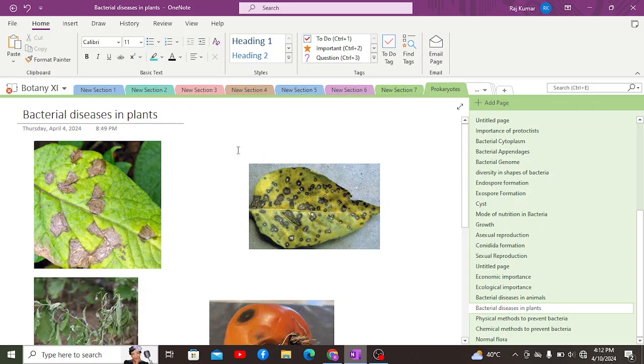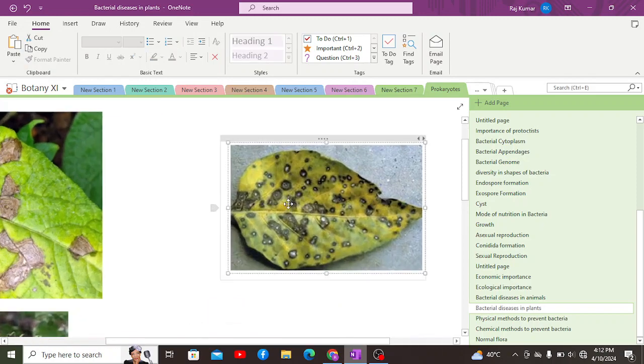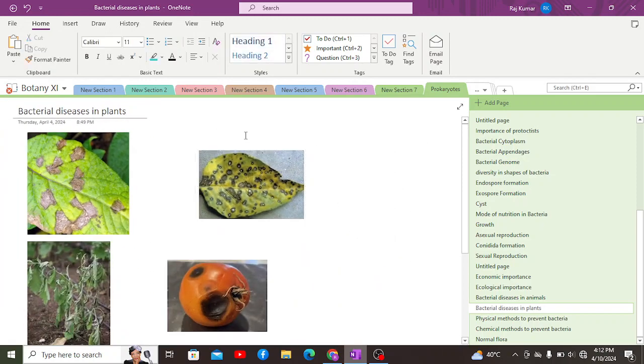Xanthomonas campestris is responsible for the leaf spot. Let me just write it there as well.